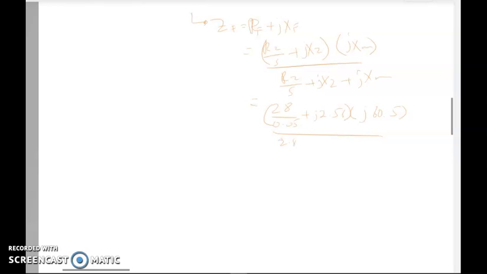So for the below value we add all of them together: 2.8 divided by 0.05 plus J2.56 plus J60.5. We solve them part by part. You get the answer for 2.8 divided by 0.05, then you add this one, you get the answer, then you multiply by this one.